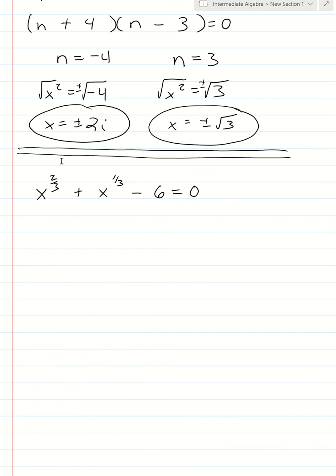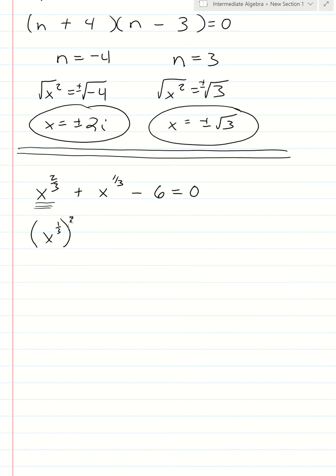Now this equation is a little bit different than what we are really used to because it's involving fractional exponents. But we are going to do something similar to what we did in the previous 2 problems, in that this first term, x to the 2/3, can be thought of as x to the 1/3 squared.